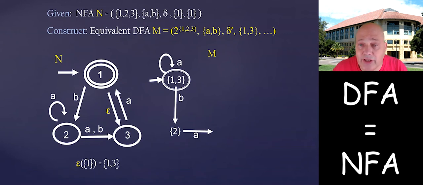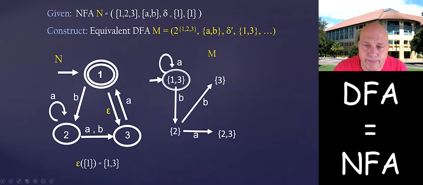Now you need to take the epsilon closure of {2, 3}, but it is just {2, 3} itself. Again, no epsilon transitions. What about B? From {2, 3} on B, you can reach 3, and that's it. So you have a B transition to 3.